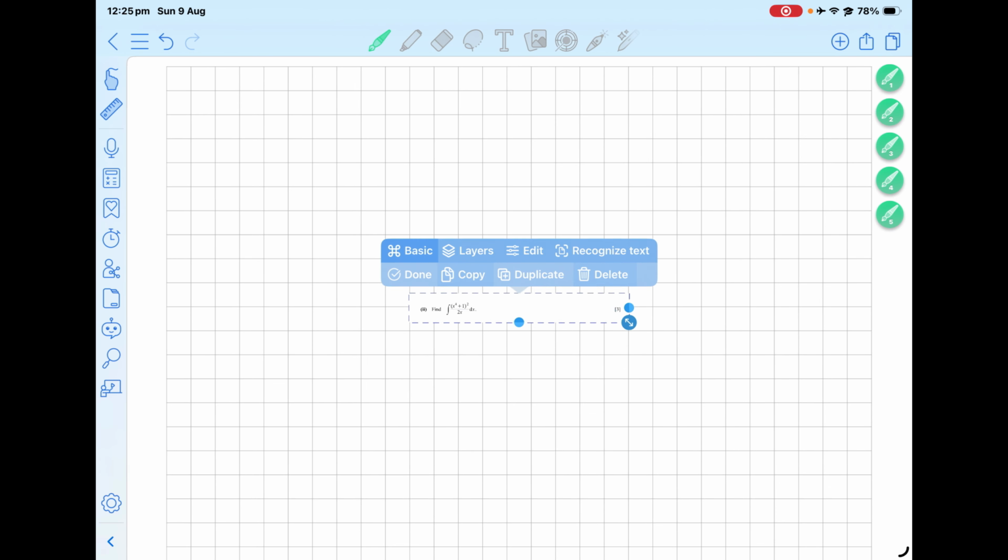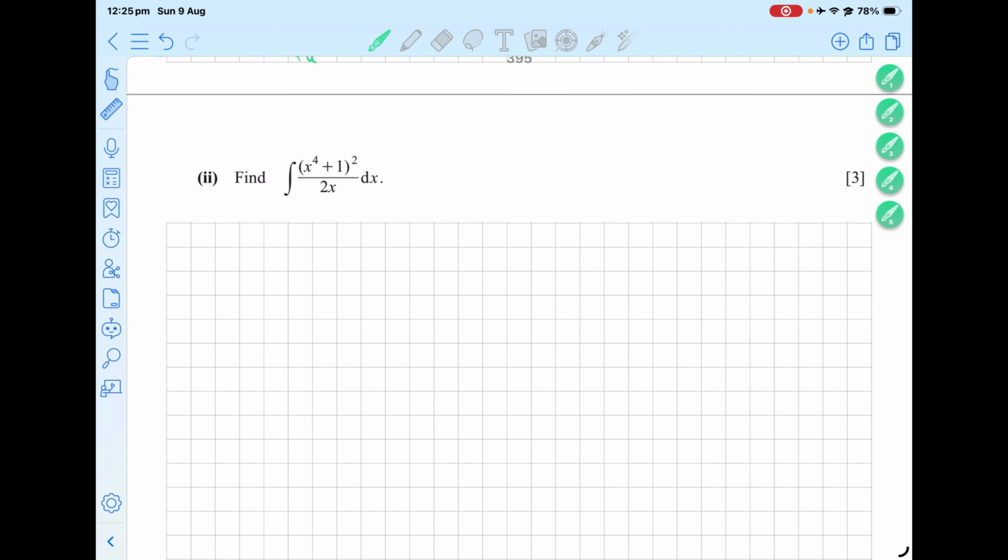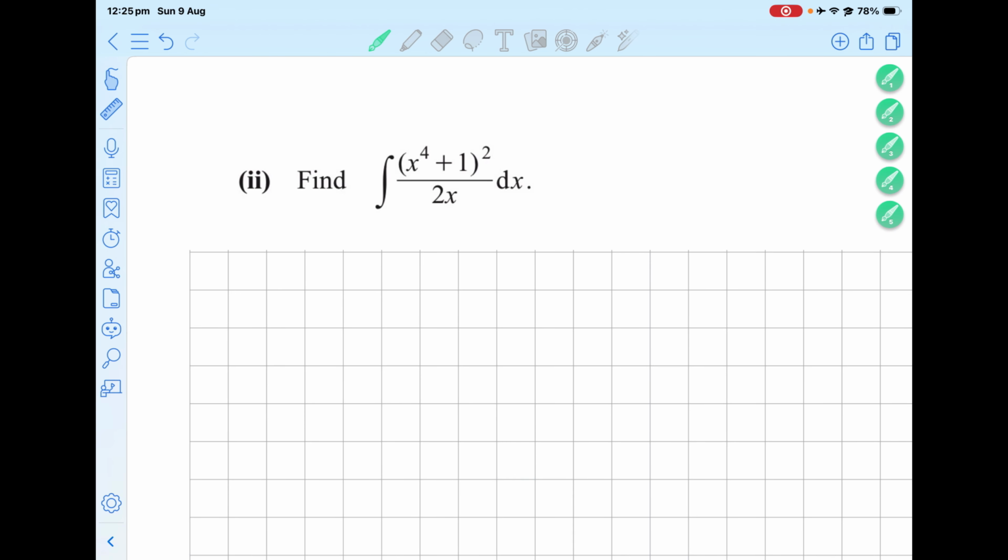So find this. What you do here is you basically want to expand the above thing. So this is what you get after expanding, and then you just want to divide each term individually by x. So you get x to the 7 over 2.